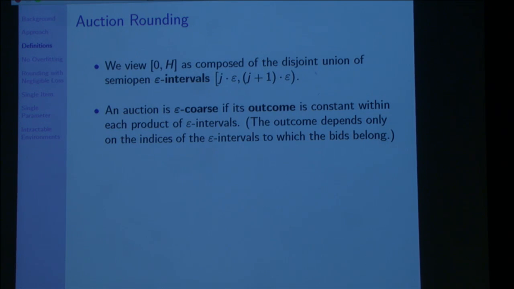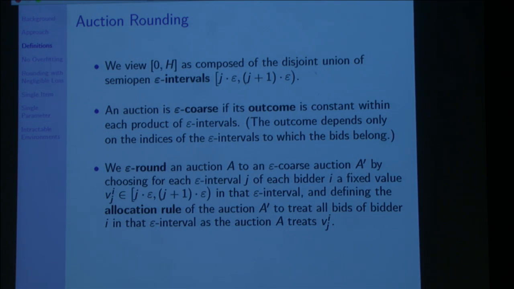So if Mark values the clicker at 2.5 epsilon and Avishai values the clicker at 3 1/3 epsilon, in order to run an epsilon-coarse auction, it's enough for Mark to tell me, well, my valuation is between 2 epsilon and 3 epsilon, and it's enough for Avishai to tell me my valuation is between 3 epsilon and 4 epsilon. We don't need more than that in order to say who gets the clicker and how much they pay.